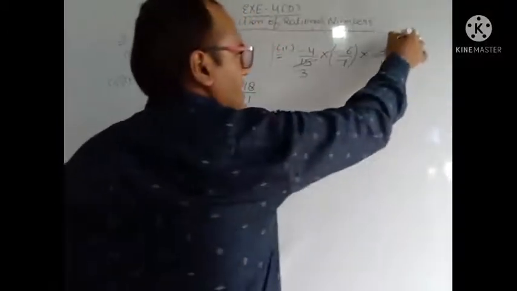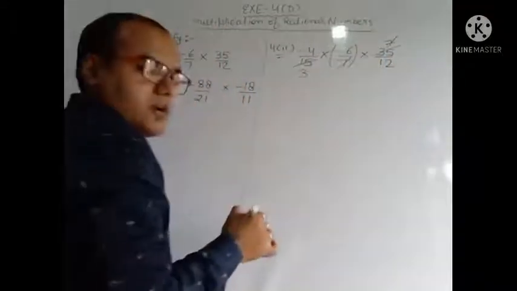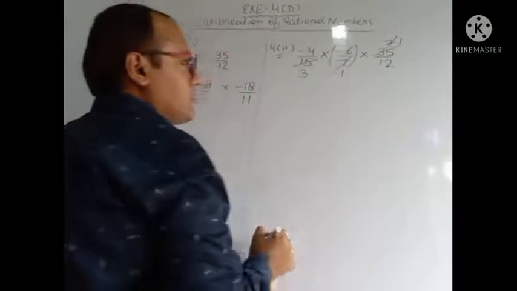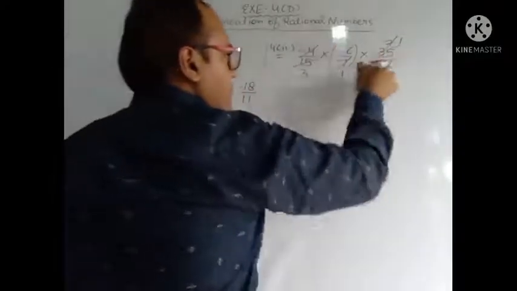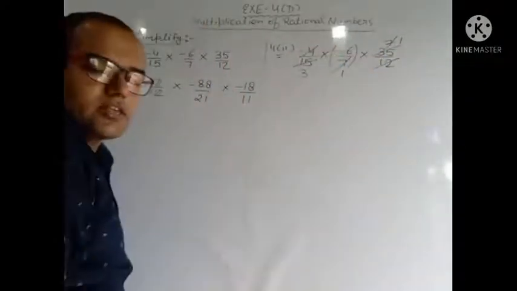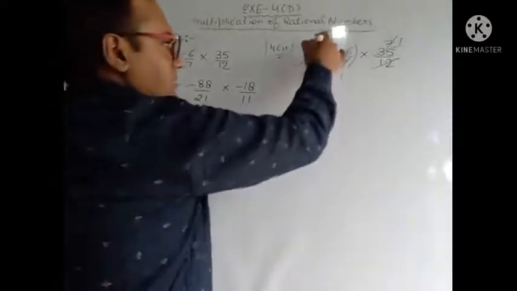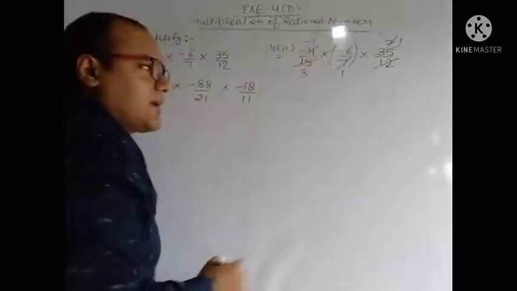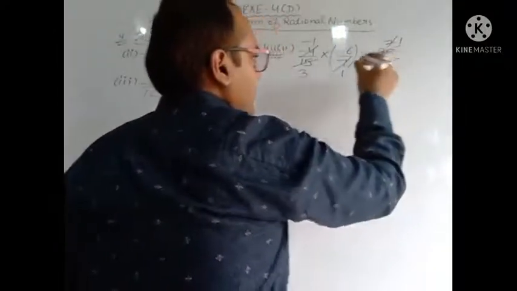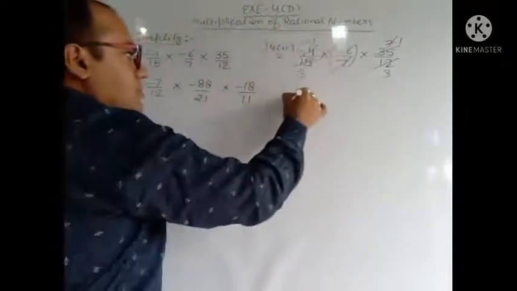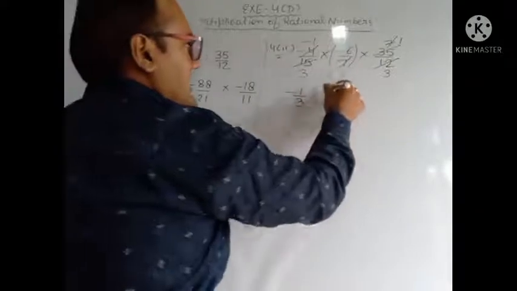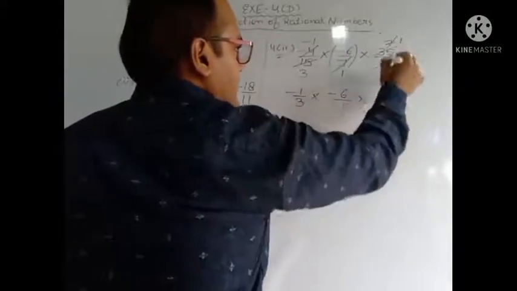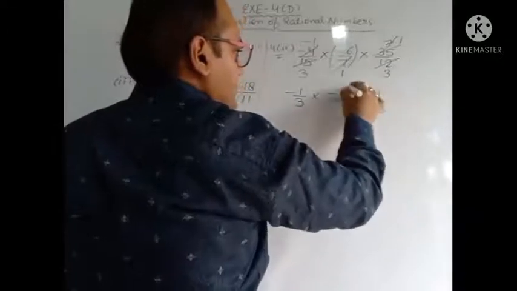Now this 7 in the numerator and 7 in the denominator will cancel. 7 ones are 7, 7 ones are 7. 4 and 12: 4 is in the numerator, 12 is in the denominator, so we will cut it. 4 ones are 4, minus is there, so in the answer also we will write a minus sign. 4 threes are 12. Now this is minus 1 upon 3 multiply minus 6 upon 1 multiply 1 upon 3.